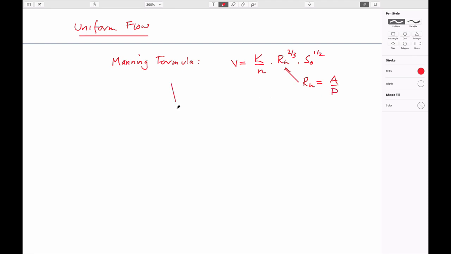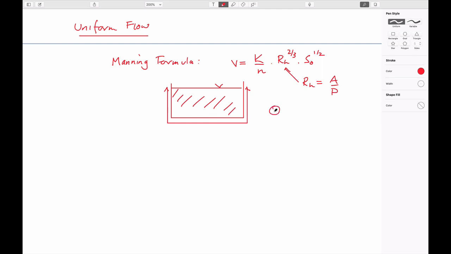And so if you have a flow cross-section which is filled to some height that you have here, the area is clearly this cross-sectional area, and the perimeter is equal to the wetted perimeter, which clearly doesn't include the top surface, because it's not in frictional contact with anything.